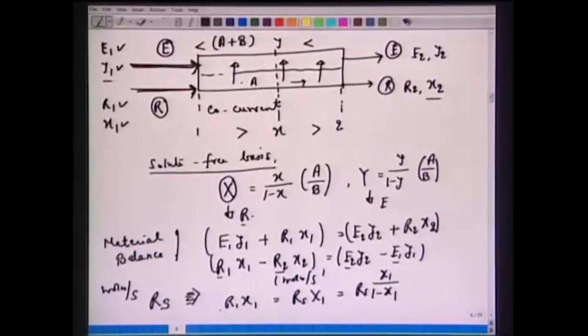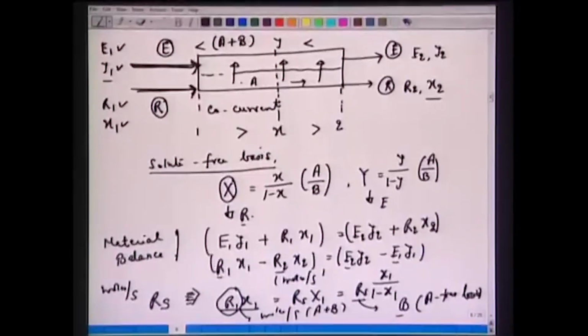So all we have done is substitute R1 in terms of Rs. R1 is the total molar flow rate, so this would be moles per second of both A plus B. On the other hand, this Rs is the molar flow rate of B only. So it's A free basis, and you will see the advantage of this.